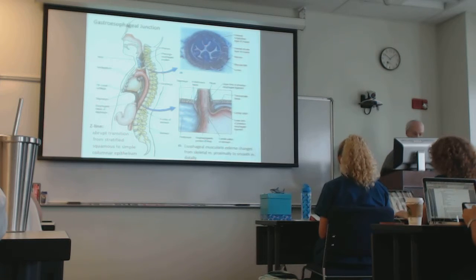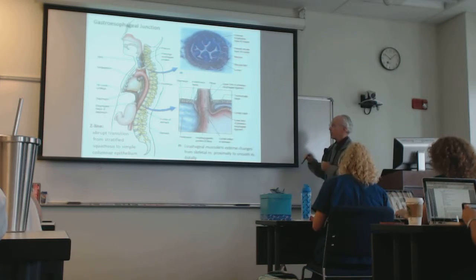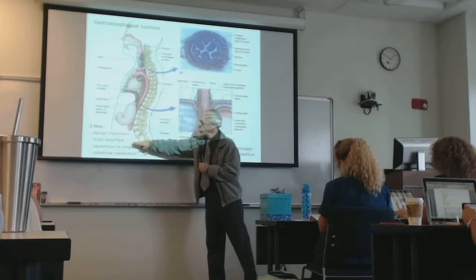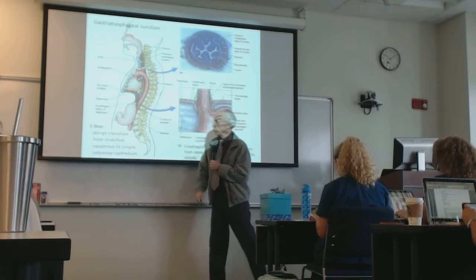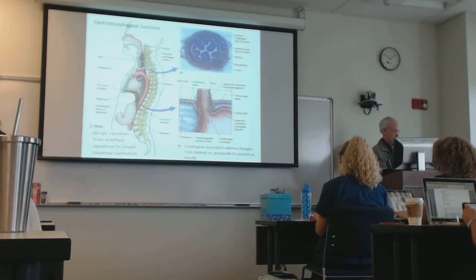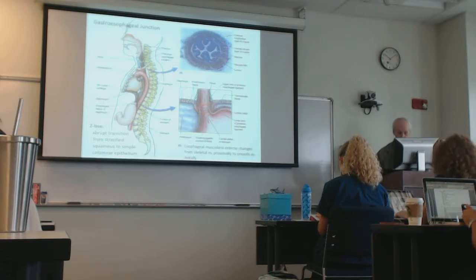And that Z line represents a rather abrupt change in the epithelium from predominantly stratified squamous to simple columnar. It's not a gradual change, it happens very, very suddenly there. Of course, that arguably is to facilitate the very different functions of those tissues.